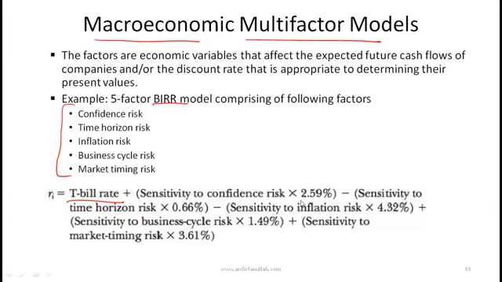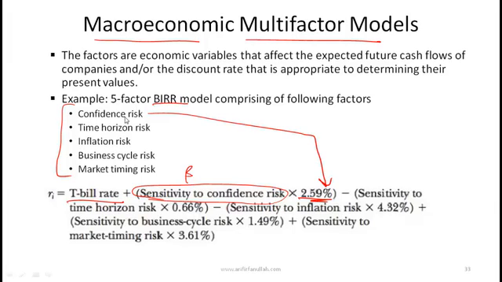This will be the factor that corresponds to confidence risk, and then this will be the sensitivity for a given stock. Sometimes these are called sensitivities, sometimes betas, and so on. The curriculum gives a short paragraph description of each one of these. If you want, you can give it a quick read, but I don't think this is hugely important.